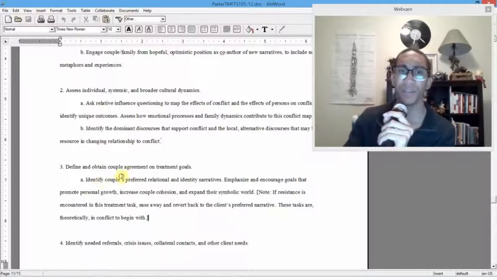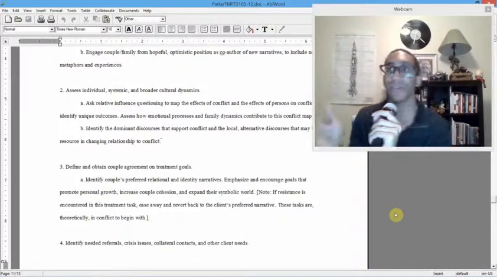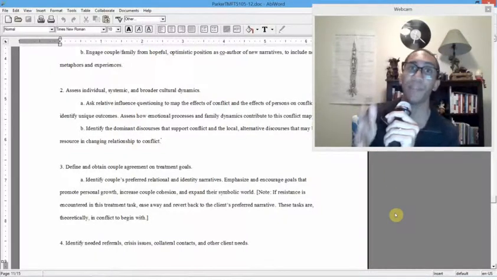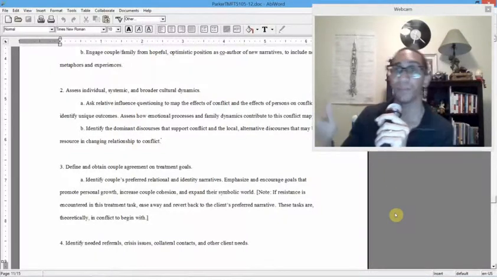And if, like I said, you encounter resistance with that, then you have to take steps back to meet them where they are before you can help them forward again.